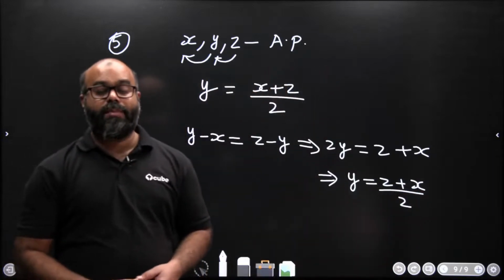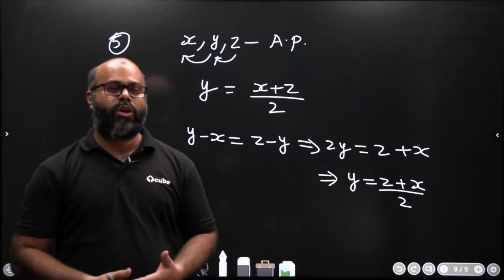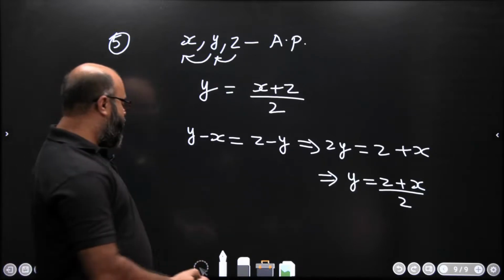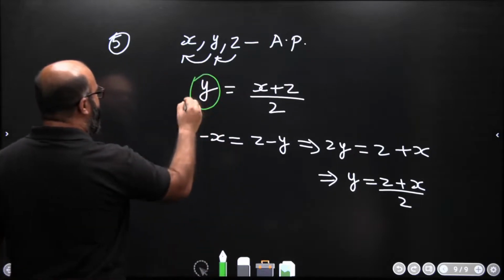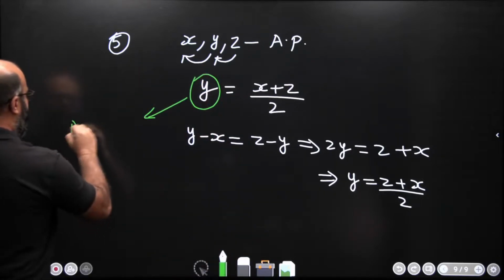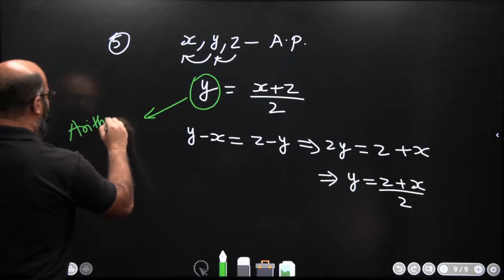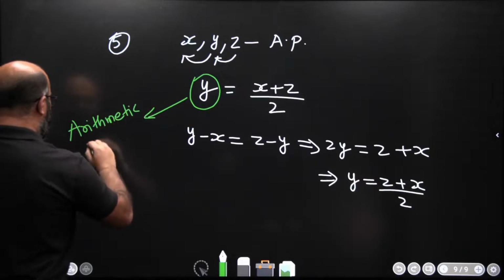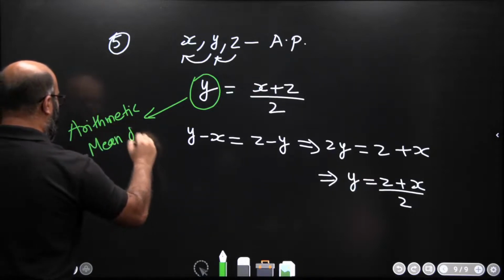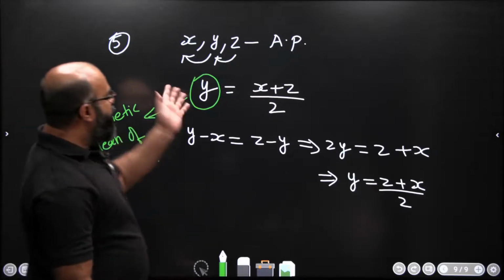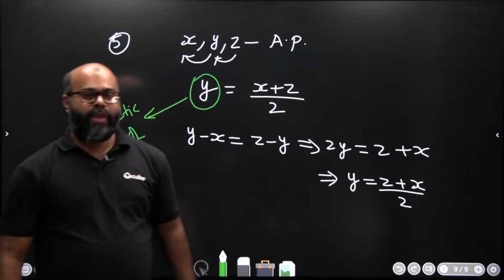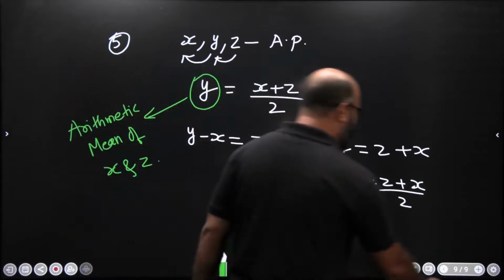It is called arithmetic mean, or which we in layman language call the average, but it is arithmetic mean. So this term here Y is called arithmetic mean or AM of X and Z. So if this is an AP, then Y is the arithmetic mean of X and Z, and it is written like this.